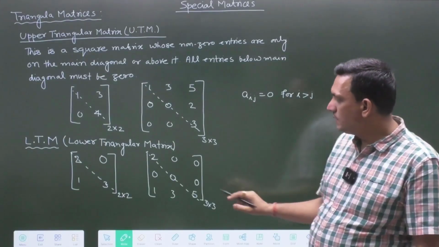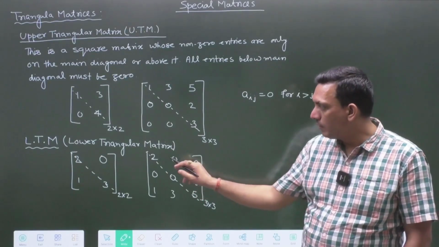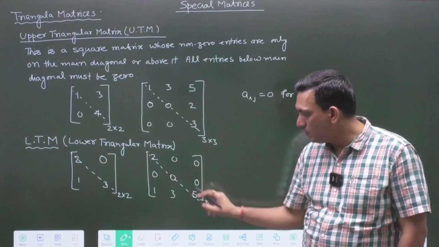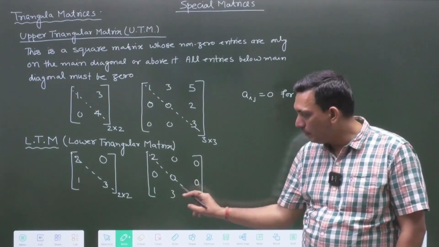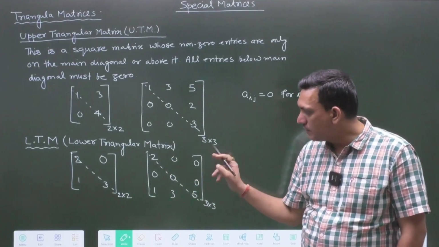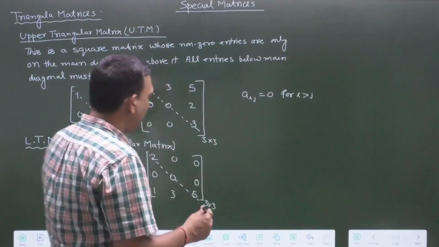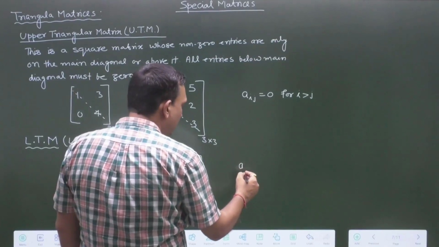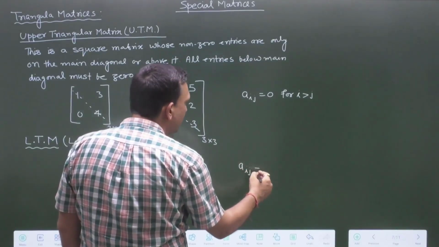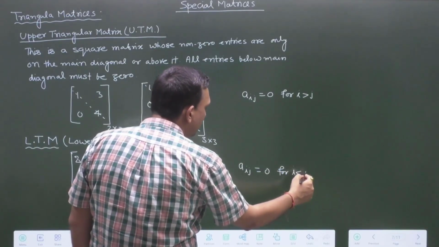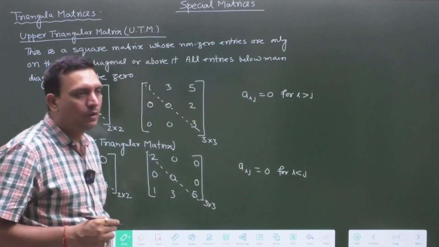Non-zero entries are only on the main diagonal and below it, and all the entries above the main diagonal must be 0. So this is an example of lower triangular matrix. In general, you can say Aij will be 0 for i less than j. This is the condition for lower triangular matrix.